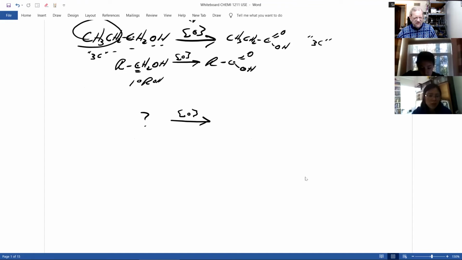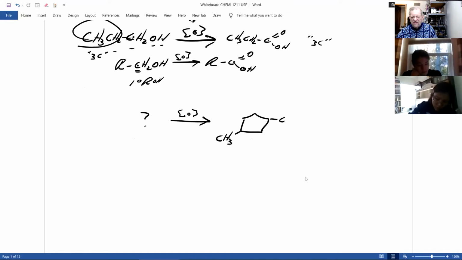Let's do a synthesis. And the question would be, what's the starting material that you oxidize to make that molecule?